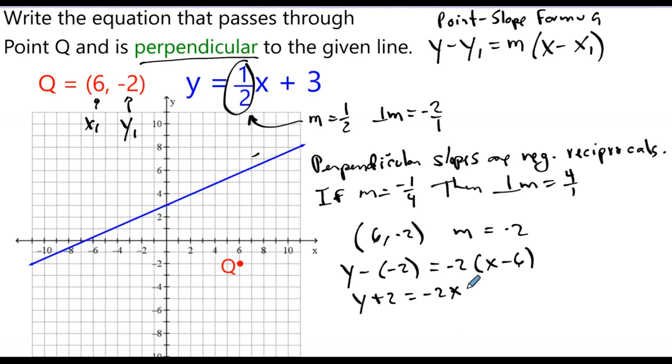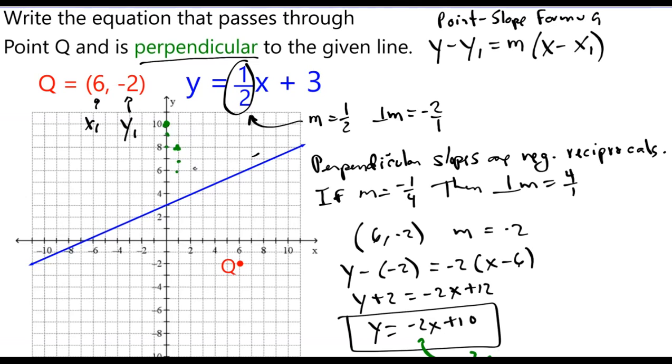Distribute the slope through the parentheses, and then subtract the y1 from both sides. And we get that y is equal to negative 2x plus 10. So if we take 10 as our starting point, and negative 2x is negative 2 over 1, which means 2 down, 1 over, 2 down, 1 over.